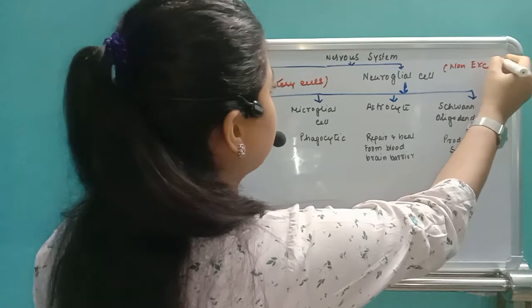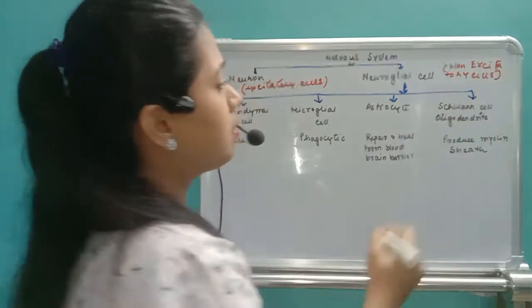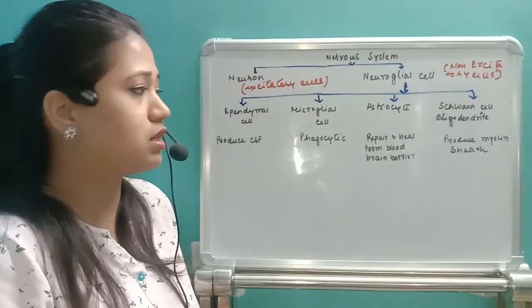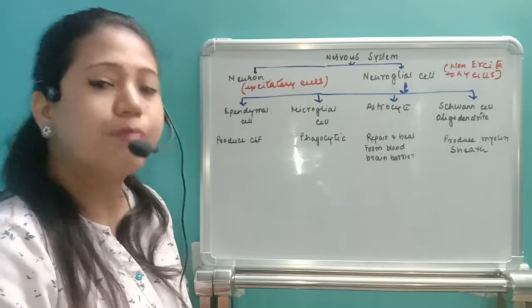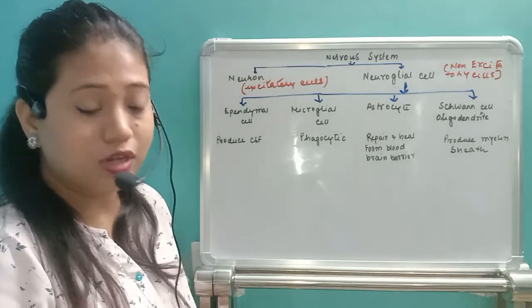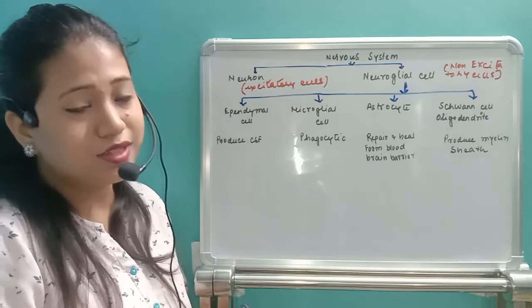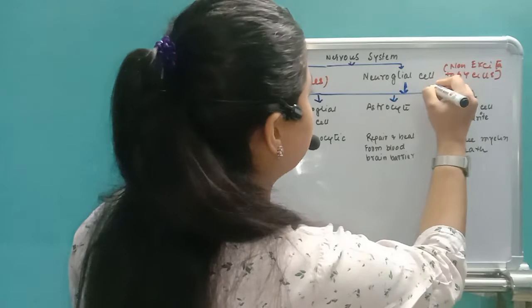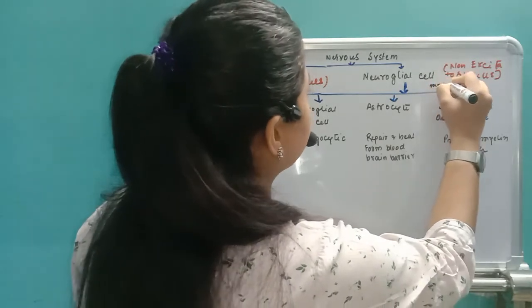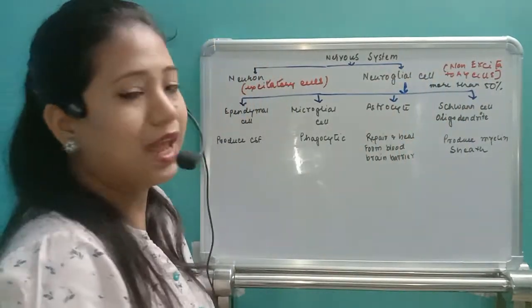Non-excitatory cells means they cannot transmit the impulse from one neuron to the next neuron. They are supporting the nervous system. Actually, more than 50% of the cells of the nervous system are the neuroglial cells itself. So remember this also, that more than 50% of the cells are the neuroglial cells.